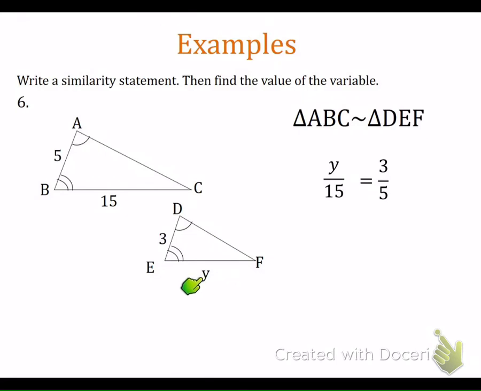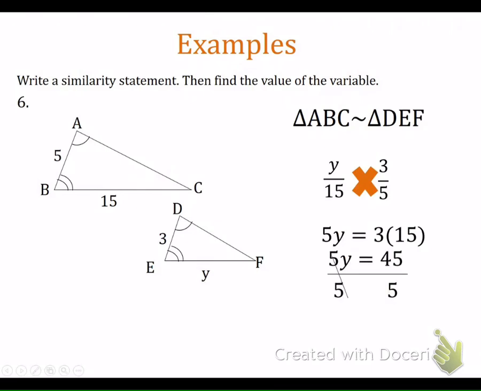If that's on the top, just make sure in the other one you put the 3 on the top. Either way you write it, when we cross multiply, we'll all end up in the same spot. Okay? So when we cross multiply, the Y and the 5 go together, the 3 and the 15. And you end up with 9 for your Y. What are your questions?